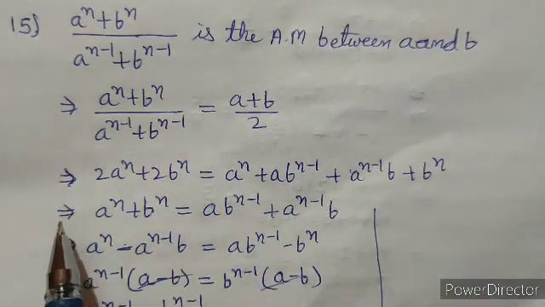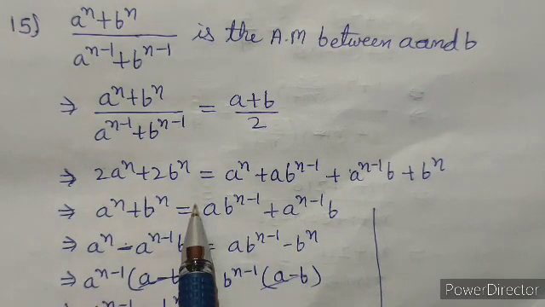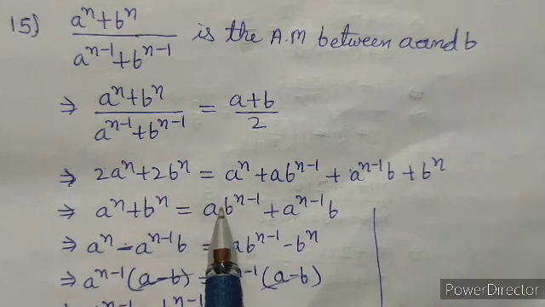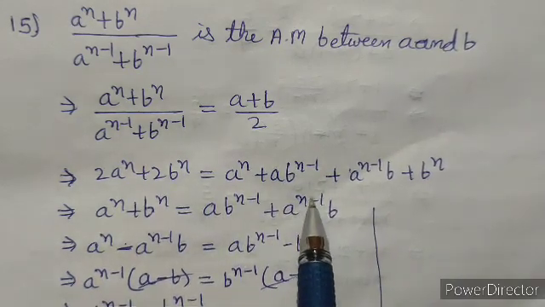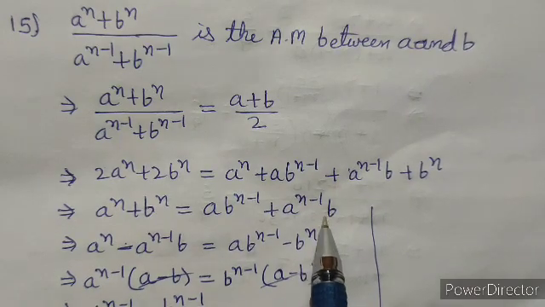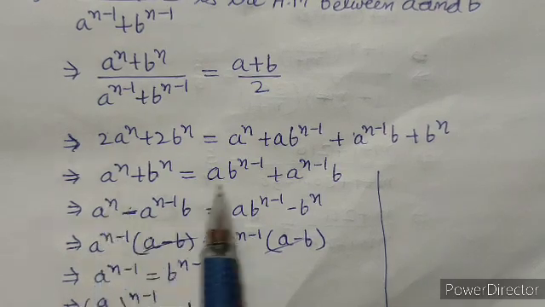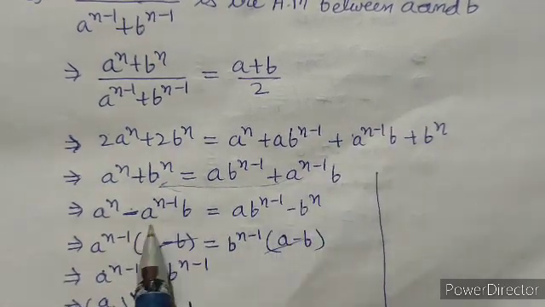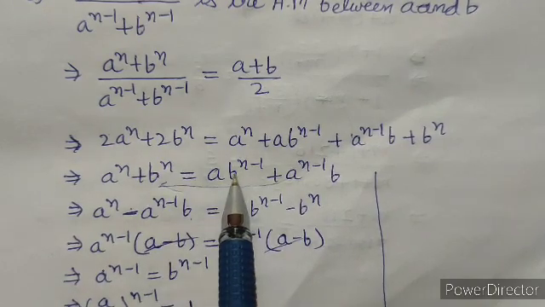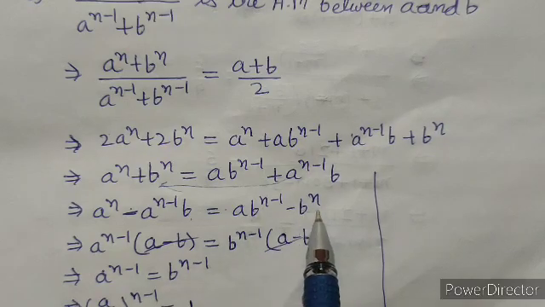Now that will be a raised to power n plus b raised to power n equal to a b raised to power n minus 1 plus a raised to power n minus 1 into b, which will give us a raised to power n minus a raised to power n minus 1 into b equal to a b raised to power n minus 1 minus b raised to power n.